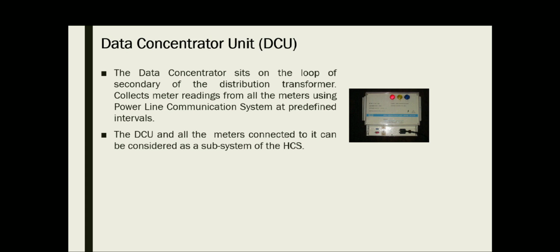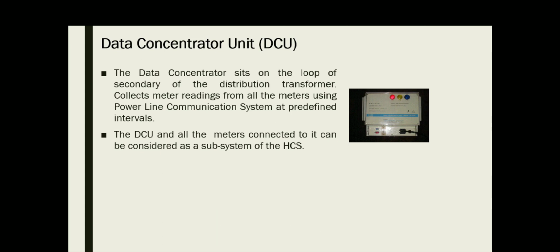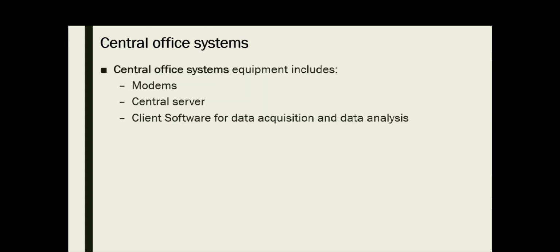So the DCU and all the meters connected to it can be considered as a subsystem of this automatic meter infrastructure. Then central office systems. Central office systems include modems, central server, and client software for data acquisition and data analysis.